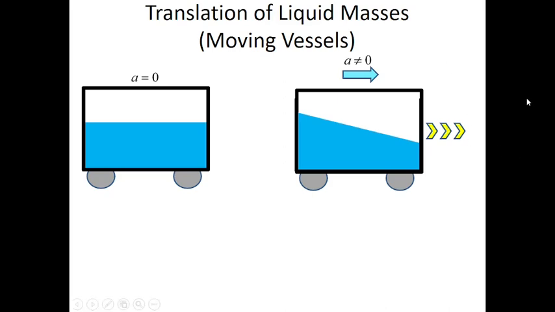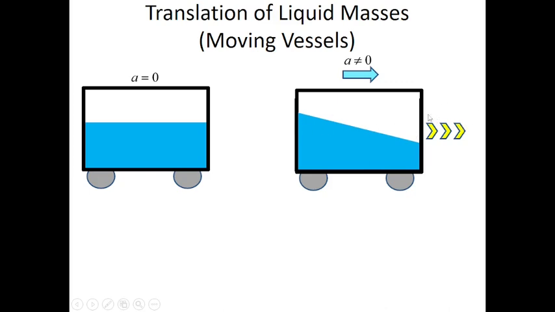It is in the opposite direction to the motion that is present. Now the motion is towards the right. So as you notice here, the liquid tends to move to the left.